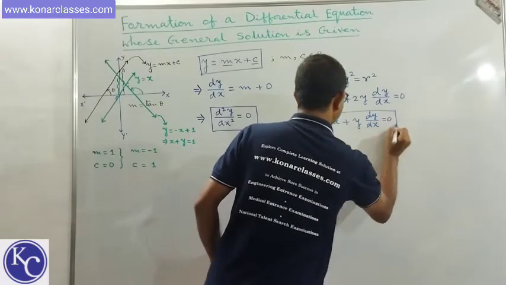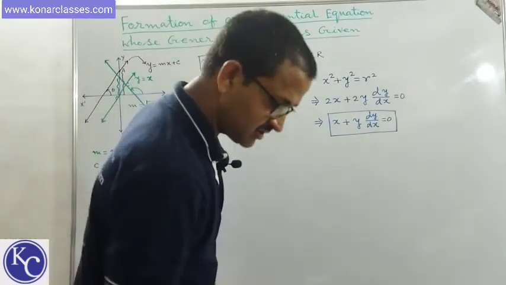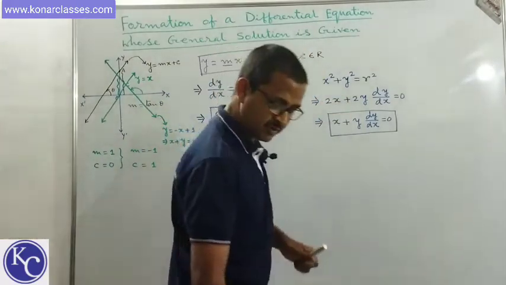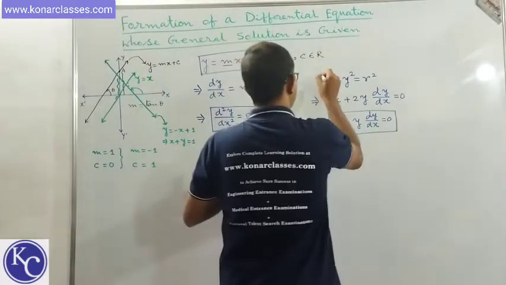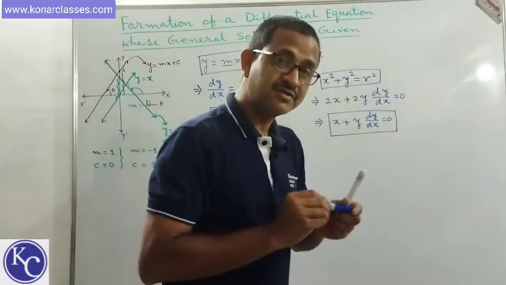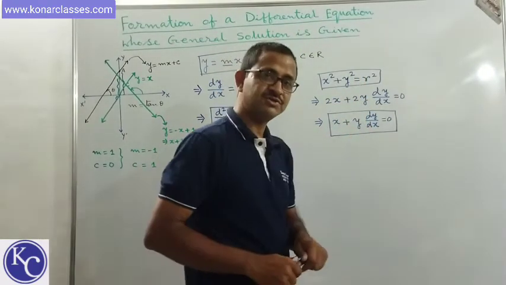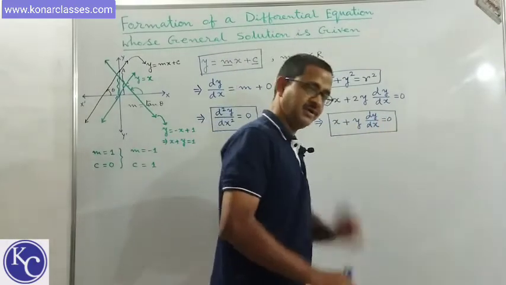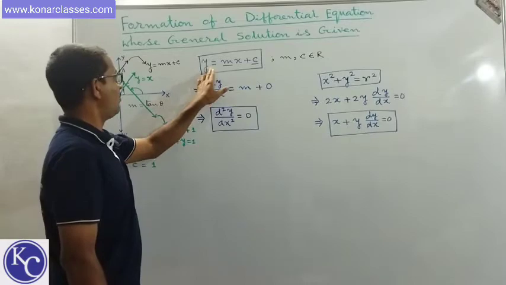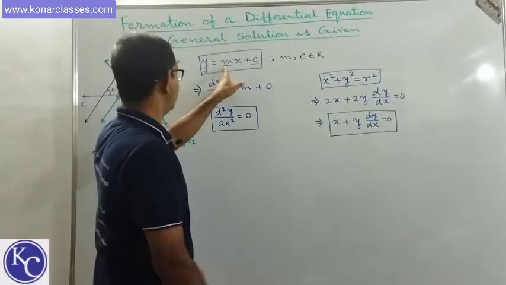Why do I write this differential equation once more? To show you something. In this general solution, x square plus y square equal to r square, how many arbitrary constants are there? One, that is r. And the corresponding differential equation has order 1, dy/dx. Now look at the family of straight lines, y equal to mx plus c. How many arbitrary constants are there? Two, m and c.